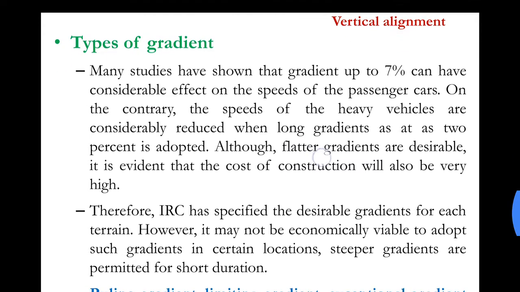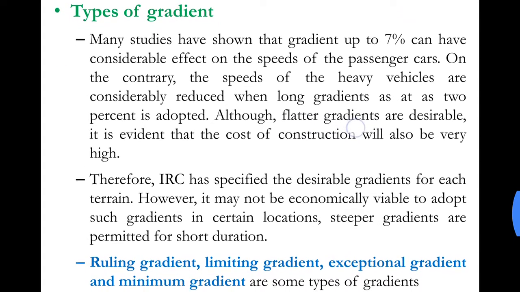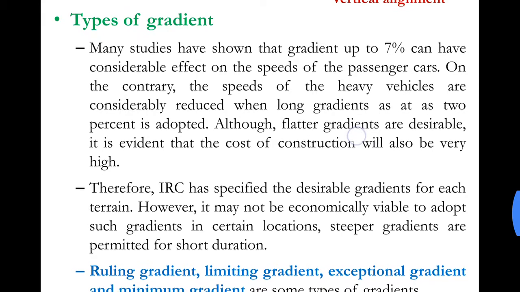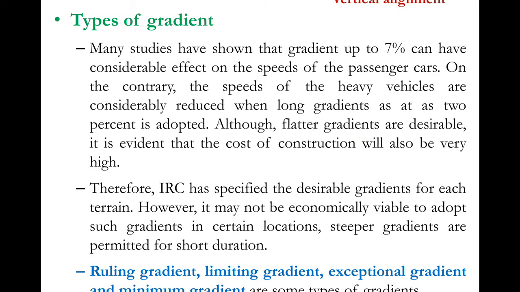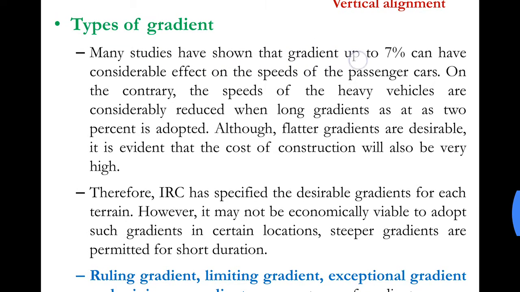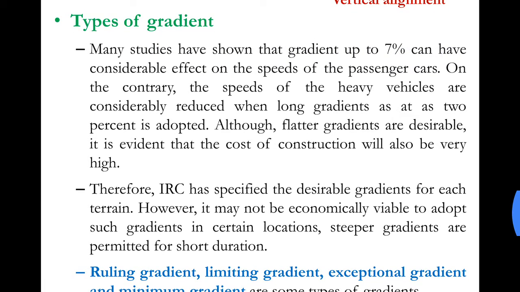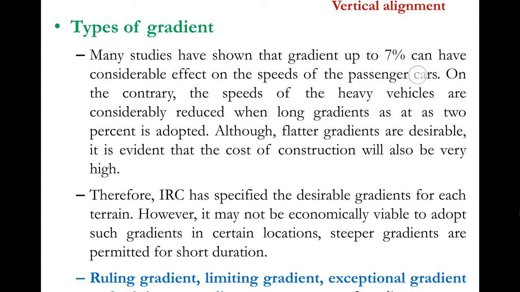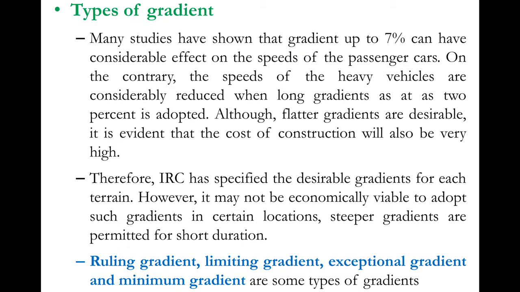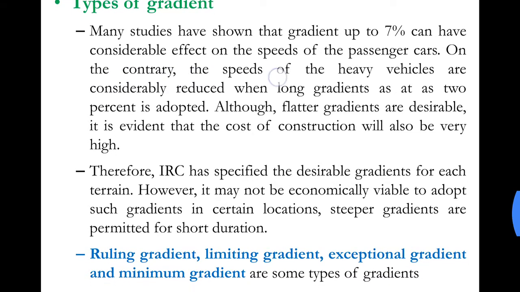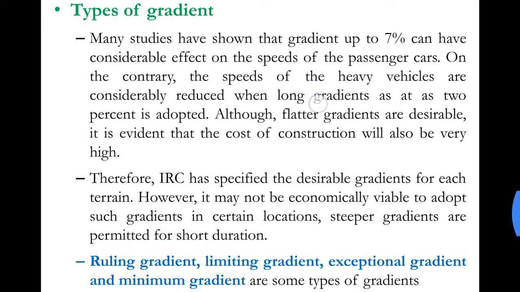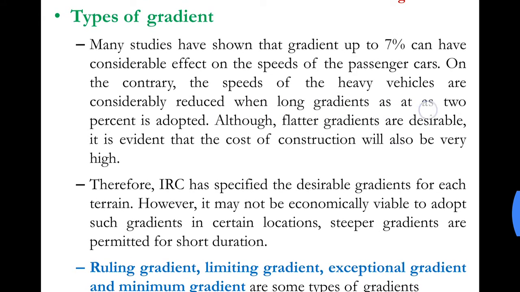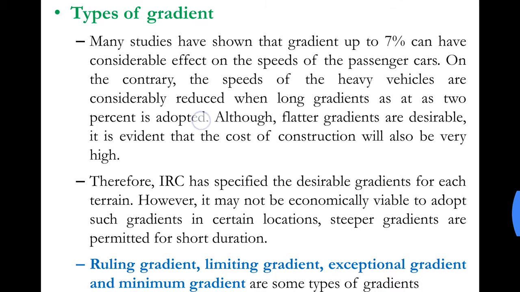Now the next topic is types of gradients. There are four types of gradients that we use on the roads. For design purpose, let us look at them. Many studies have shown that gradient up to 7% can have considerable effect on the speeds of the passenger cars. On the contrary, the speeds of the heavy vehicles are considerably reduced when long gradients as 2% is adopted.